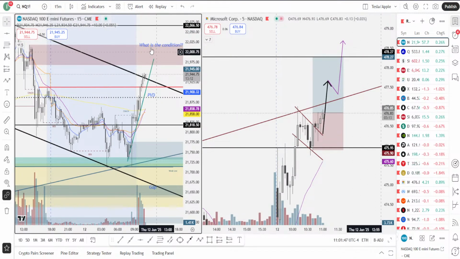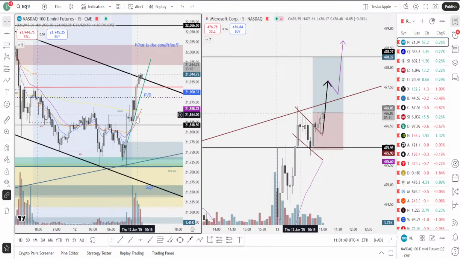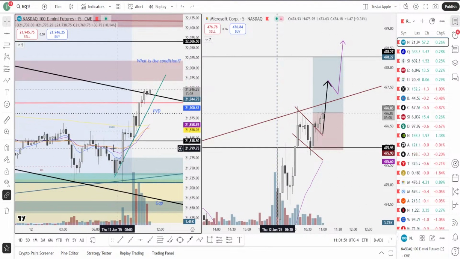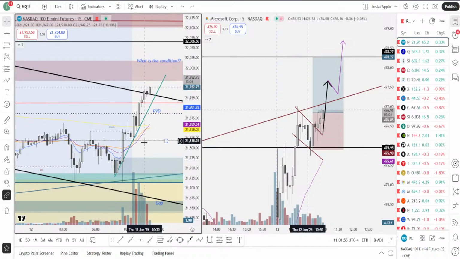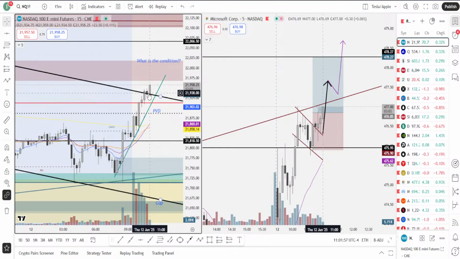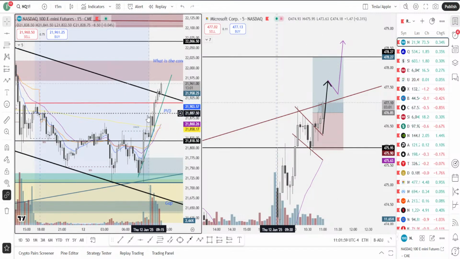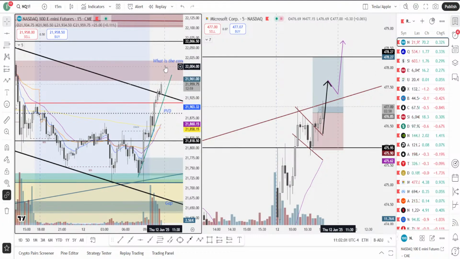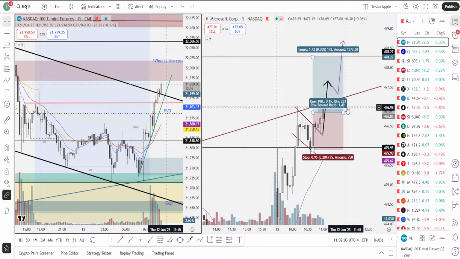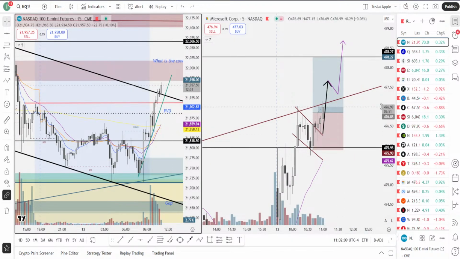We could be hitting this supply zone up here. So far on the 50-minute time frame, there hasn't really been a whole lot of selling. So, hey, it's popping. Easy, I'm up $2.